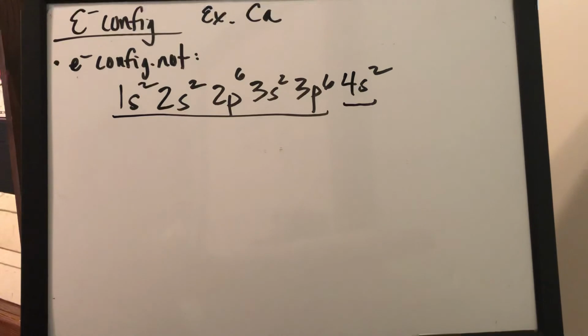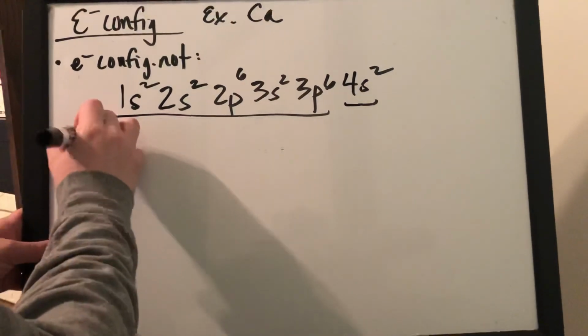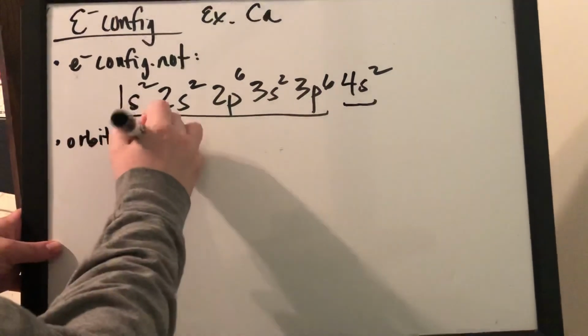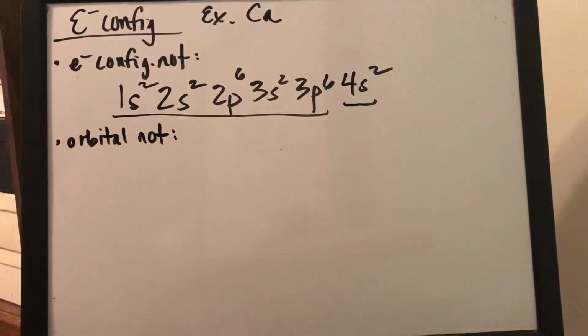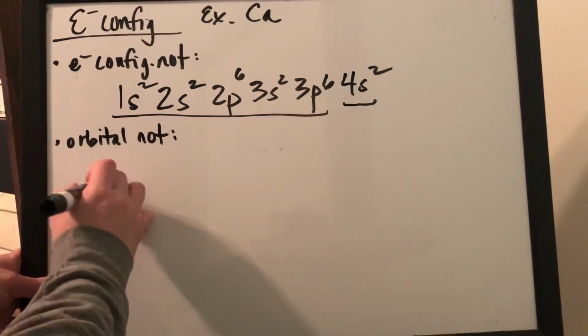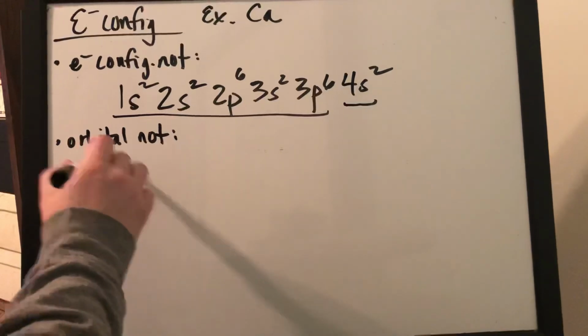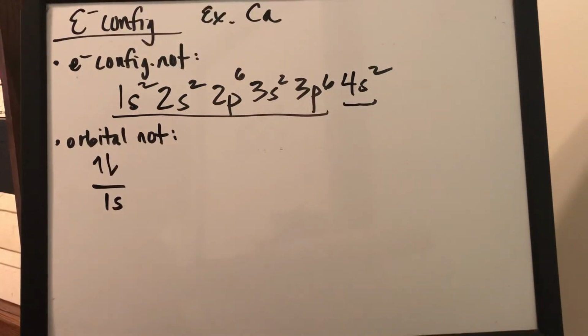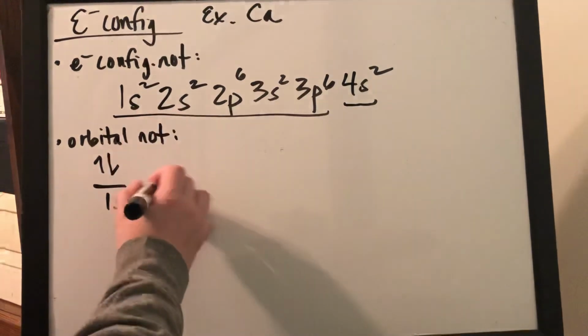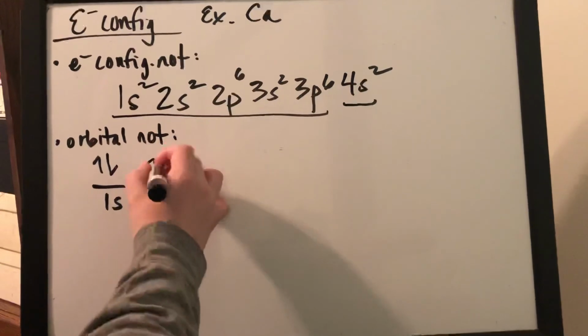Okay. Second way to do this is orbital notation. This is no one's favorite way, only because it's involved. Orbital notation is the arrows. So if I'm going to draw calcium, I'm going to denote these orbitals with lines and arrows as electrons. So I draw the 1s, it's full with 2 arrows. I go 1 up, 1 down. I shortcut the top of my arrow so that I can do it in 1 pencil stroke. You're welcome to do the same. Following the 1s comes a 2s, with an up and a down.